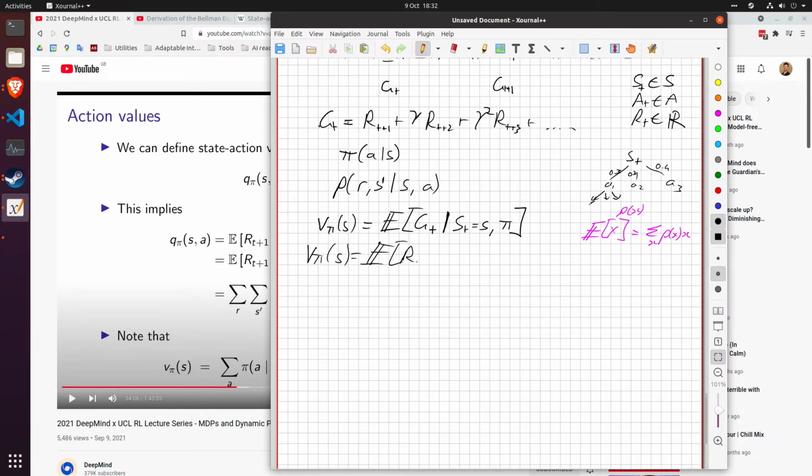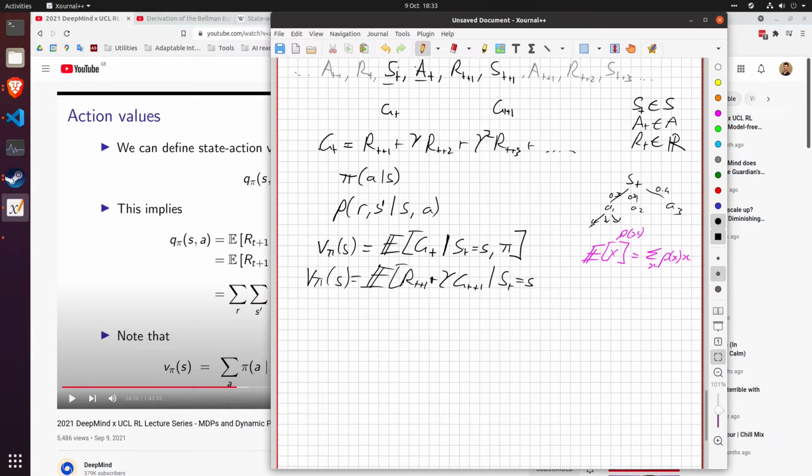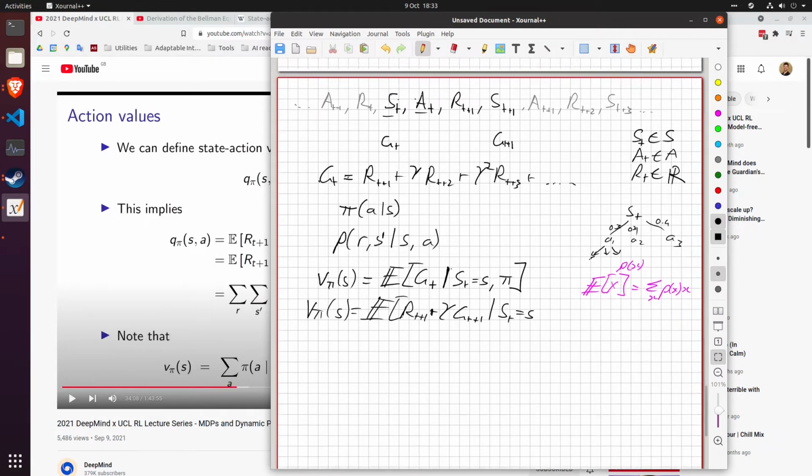It's the reward at time t plus 1, plus, and I'm not going to write out the rest of the series, gamma, the discount factor. And if you look carefully, you can see that this is just G_{t+1}, right? And that's still conditioned on the state at time t being s and policy pi.